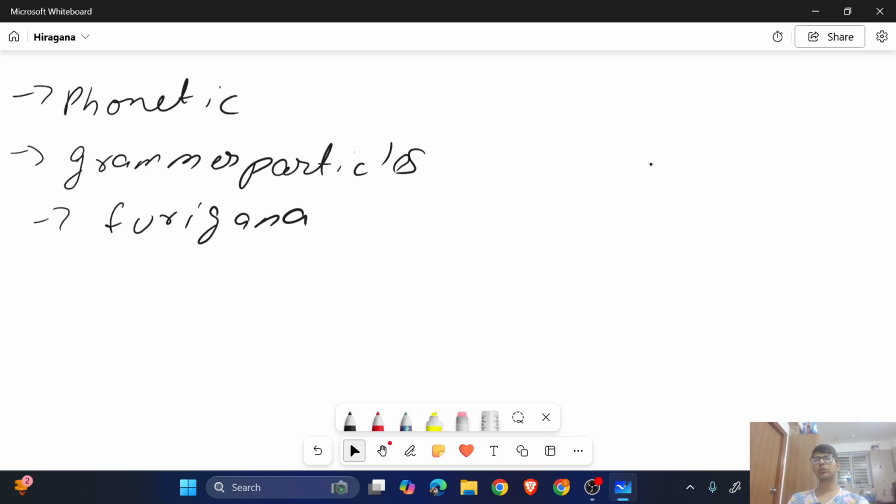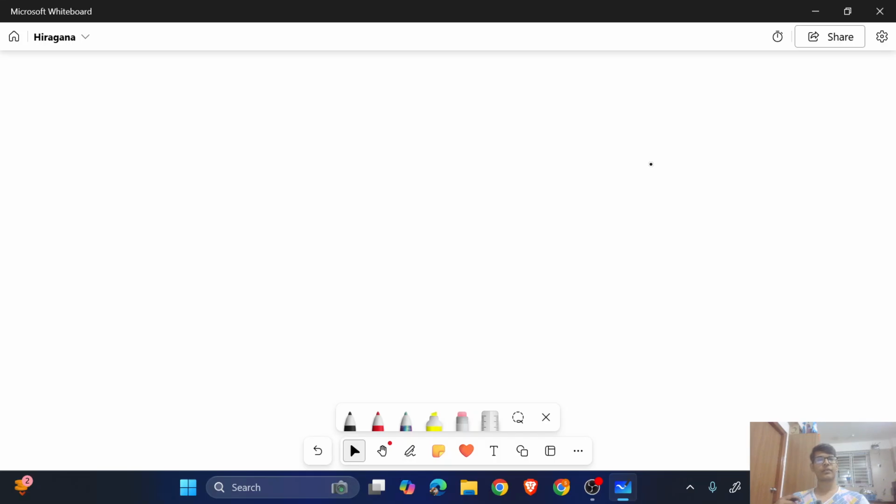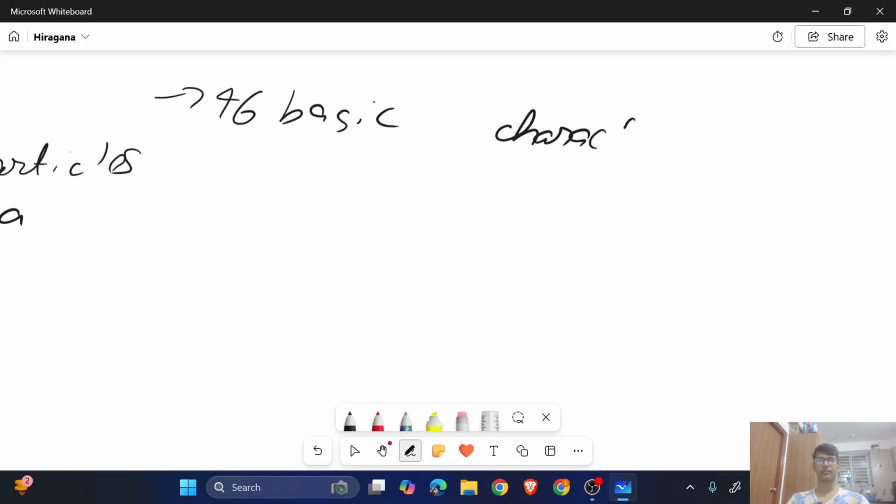If I have to explain the structure of hiragana, then hiragana is made up of 46 basic characters, which are arranged in what we call the Gojuon chart.